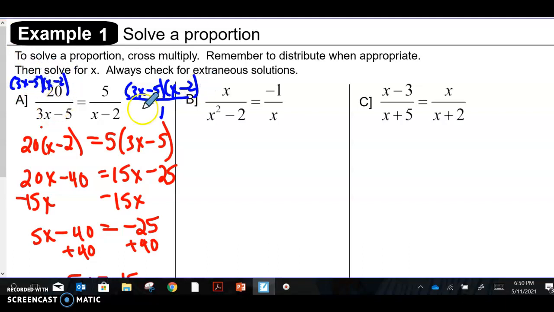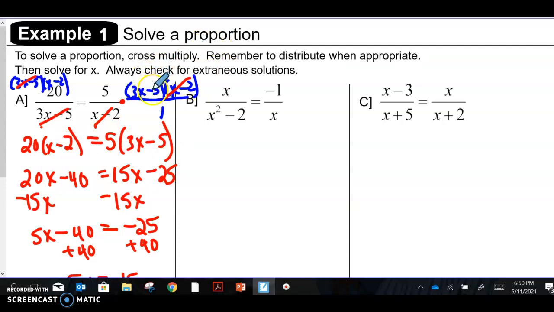And when I multiply this side, I cross out the x minus 2's, and I'm just taking 5 times 3x minus 5. When I do that over here, I cross out the 3x minus 5's, and I'm taking 20 times x minus 2. And then we go about our business, okay?